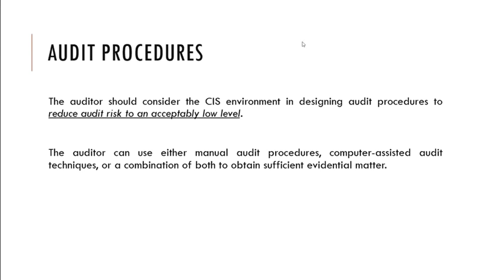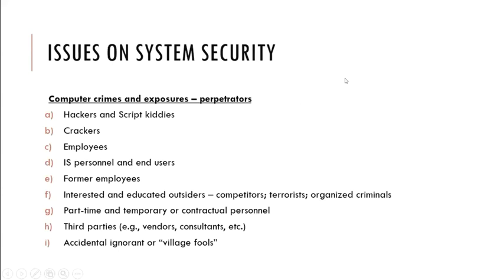And then issues on system security, we will go through this. Computer crimes and exposures, these are the usual perpetrators: hackers, crackers, crack and code. And employees, IS personnel, information systems personnel, and end users, and former employees who still have access.